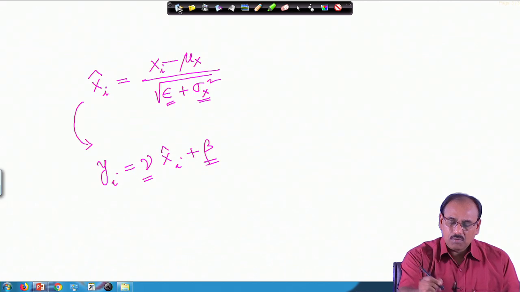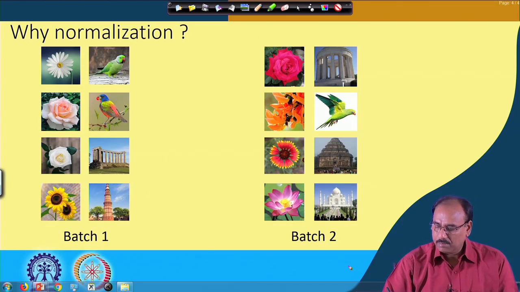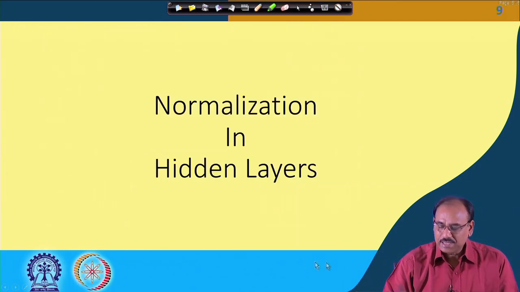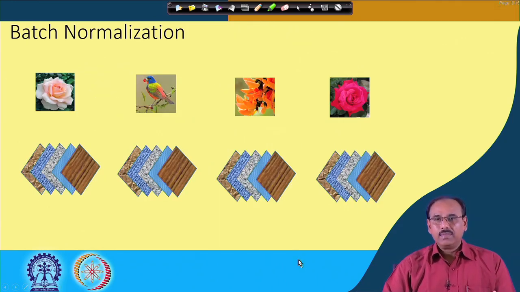So what we have seen in our previous class is that we have talked about the batch normalization techniques, and in these techniques, what we have shown is the way the mean and standard deviation are calculated. So we have taken examples of the situation where we have data belonging to different classes in a particular batch, and for all this data you are computing the feature maps.